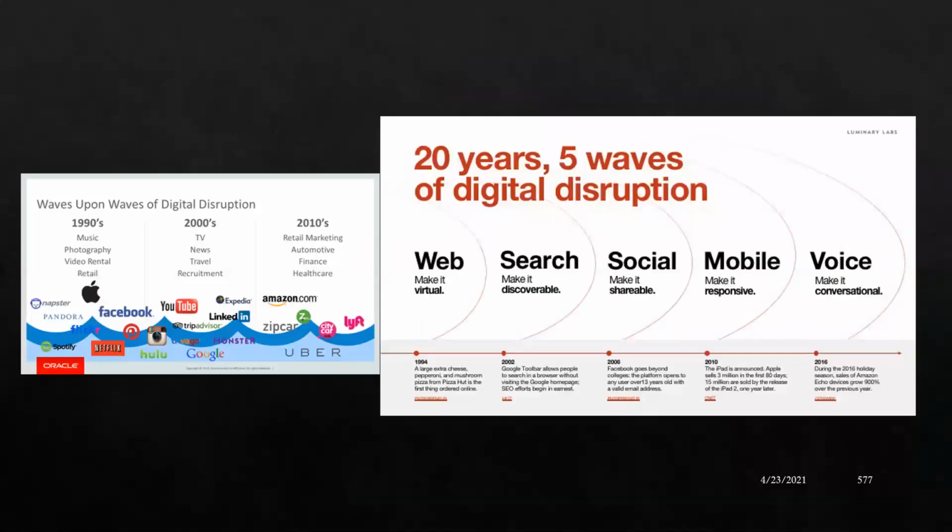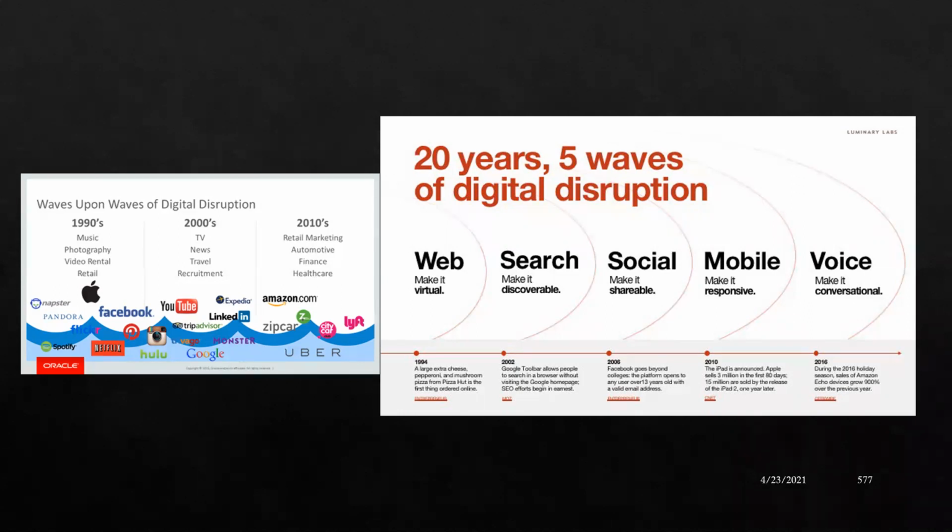It's for sure, and we have seen technology sweeping through, from the web, which made things virtual. Then people started to add search, which made things discoverable. Then Facebook came into the picture, and social media made things shareable. Then we wanted to be more mobile everywhere, reaching all these web, search, and social systems, and mobile made things responsive.